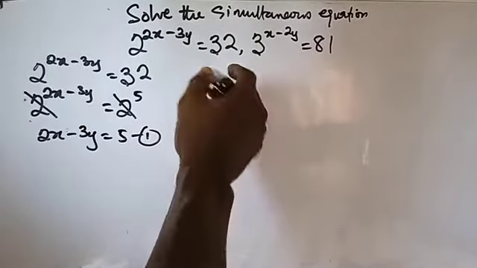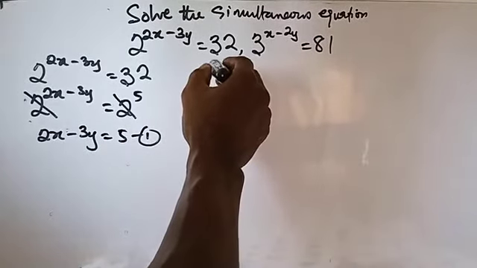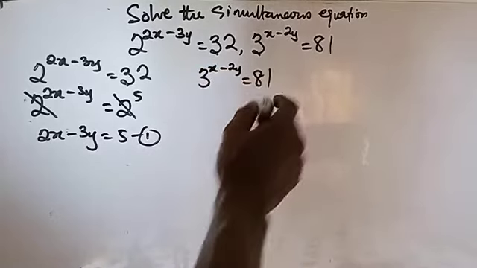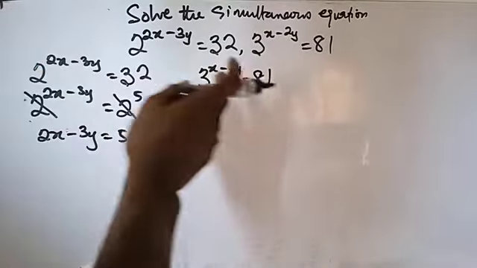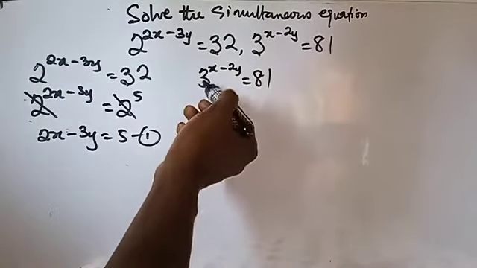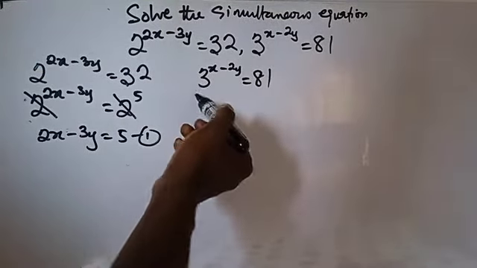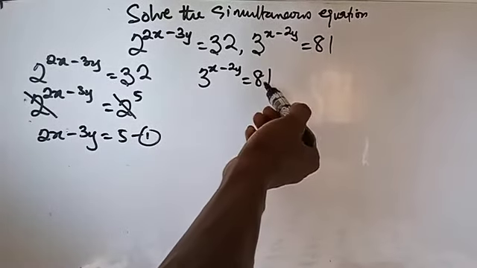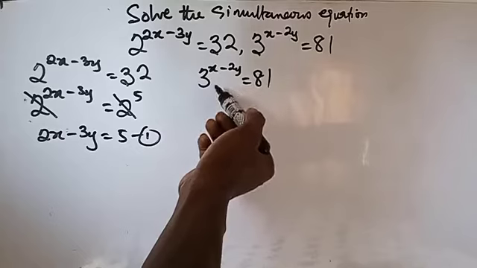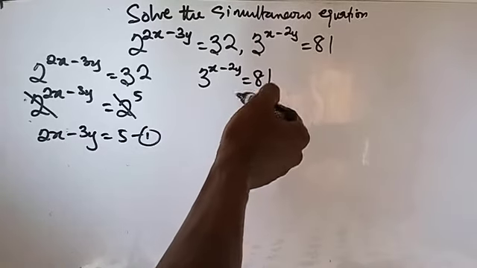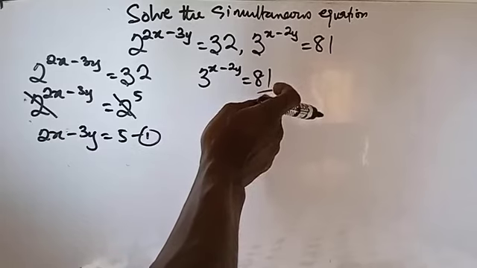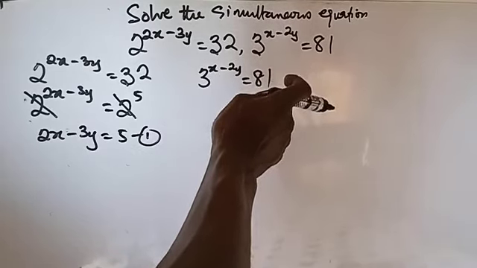Now let us come over to this side. Here we have 3 raised to the power x minus 2y equals 81. The same thing we did here, that's what we're going to do here. In this case, we have a base of 3 here and 81. Now what is the common base between 3 and 81? Here we have 3, which means make this a base of 3, and what power will 3 have to give you 81?